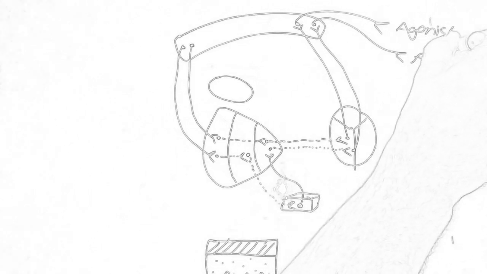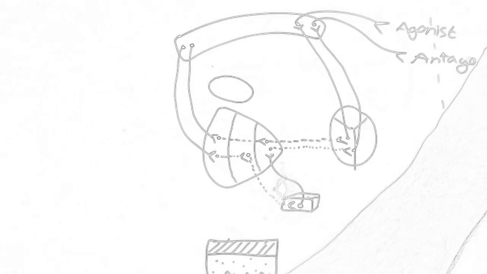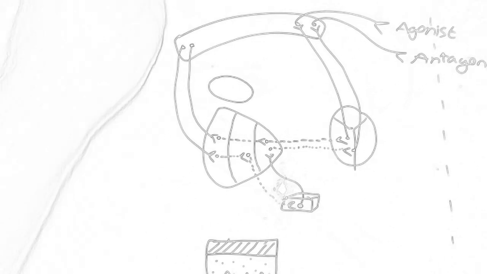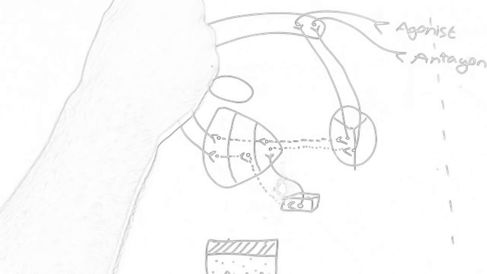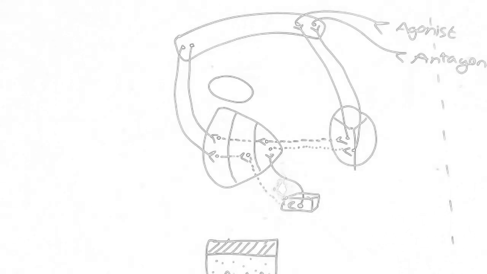So these go to the antagonistic muscles. So essentially, when you decide to do an action, what the basal ganglia does is that it stimulates the agonistic muscles via the direct pathway and it inhibits the antagonistic muscles via the indirect pathway.